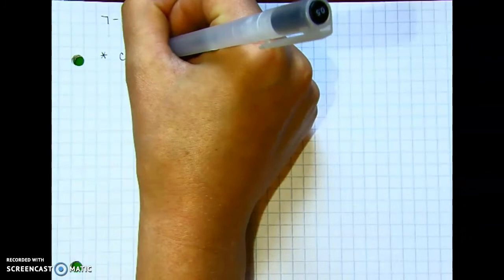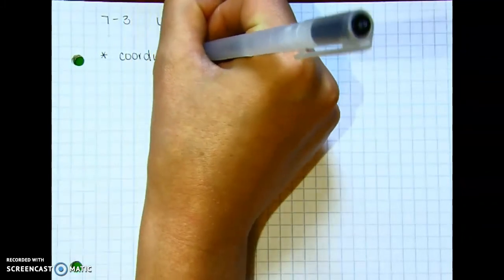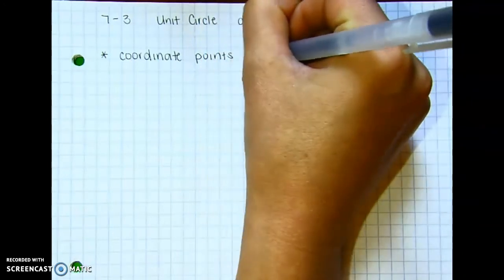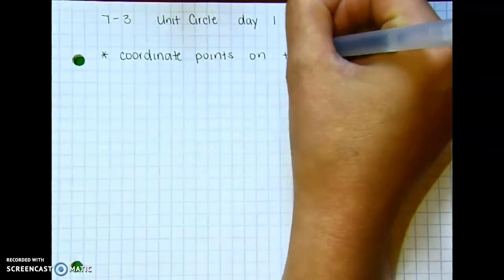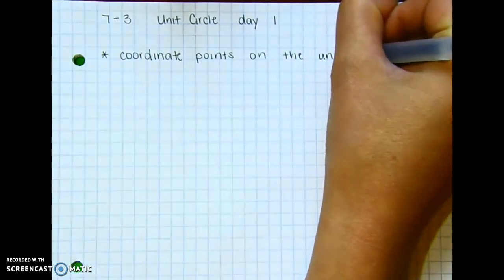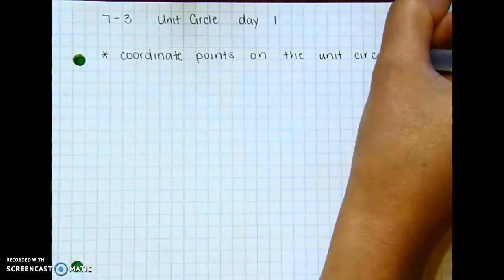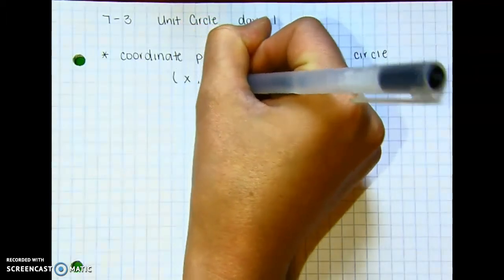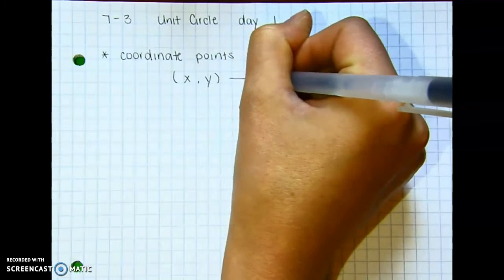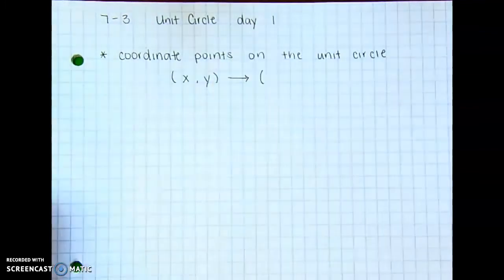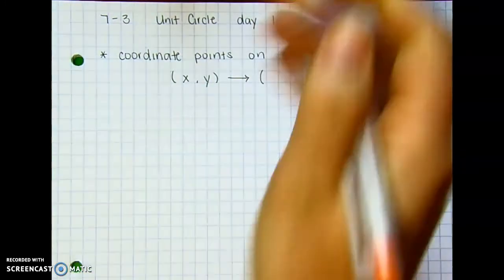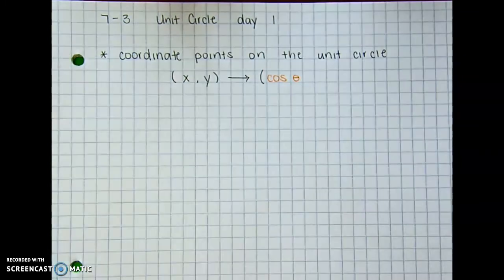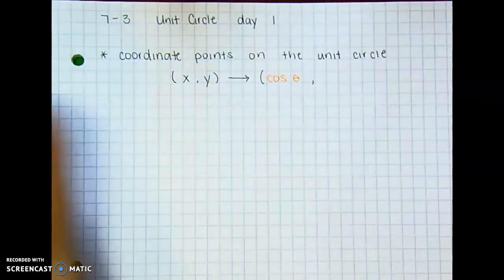So coordinate points. The points x, y are going to be represented: x is going to be cosine of theta, and y is going to be sine of theta.